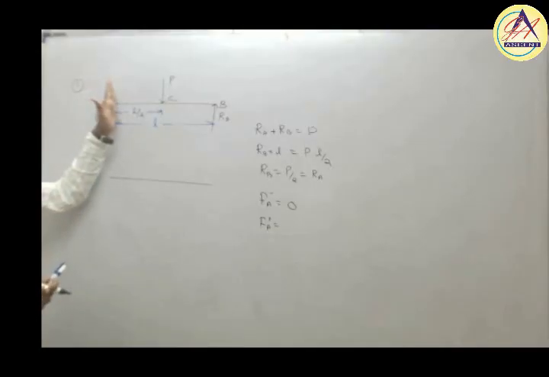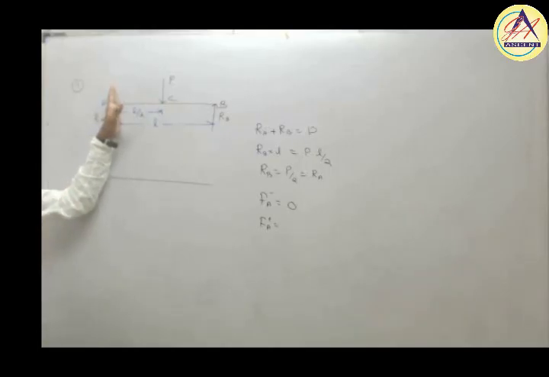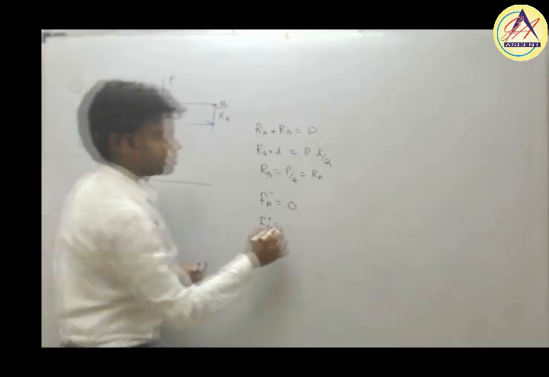Similarly, what will be Fa plus? We have to see the total unbalanced force on the left side of the section. We can see Ra.